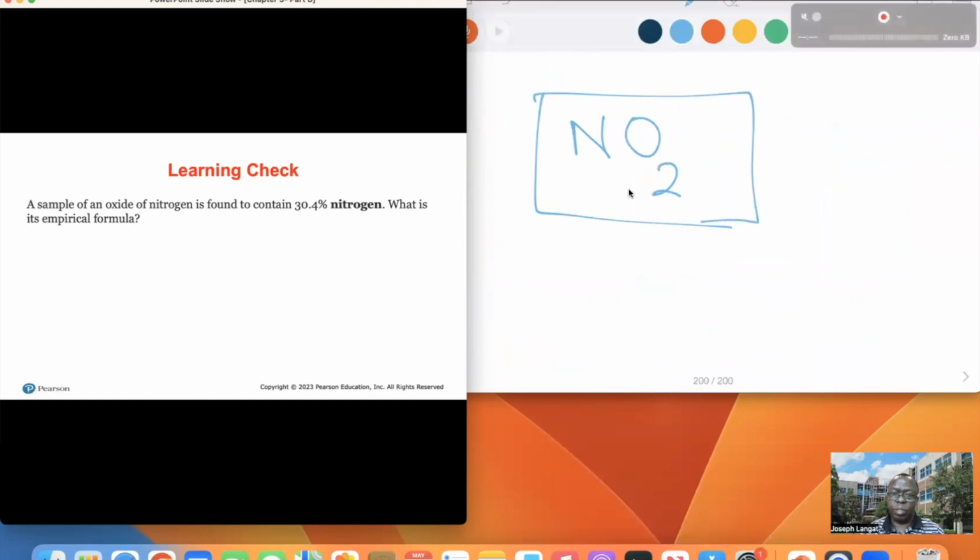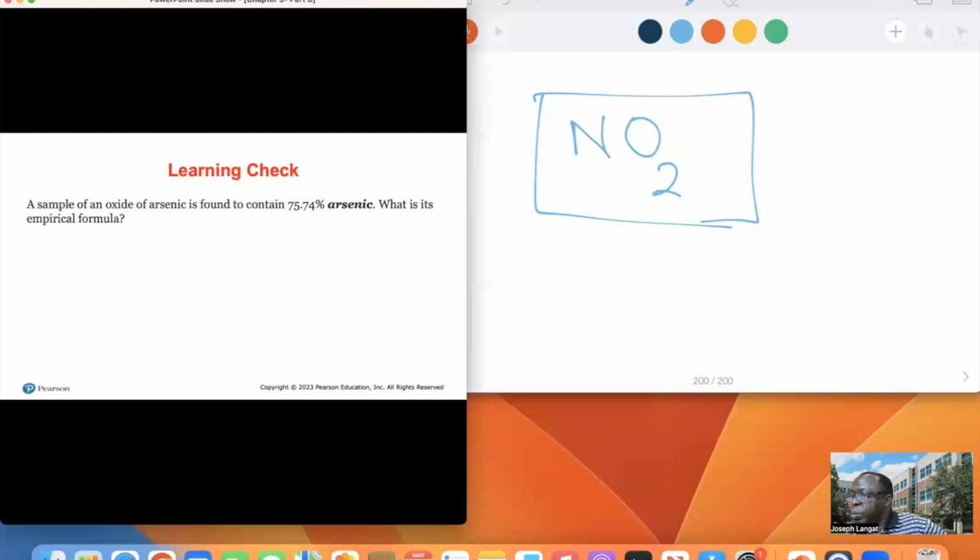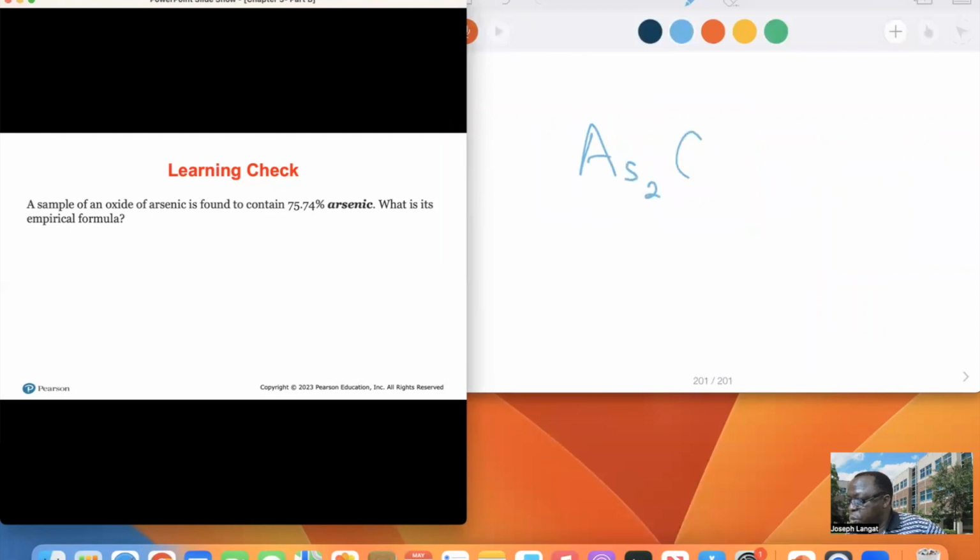You should get this as a practice. Even for this, you should get As2O3 for arsenic, like that. You should be able to get this for this question.